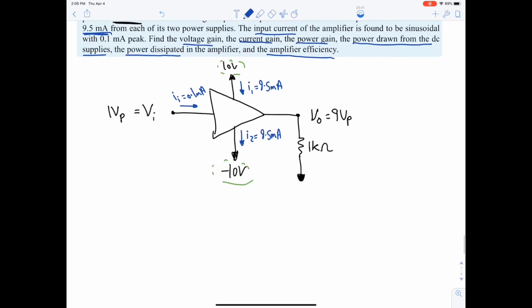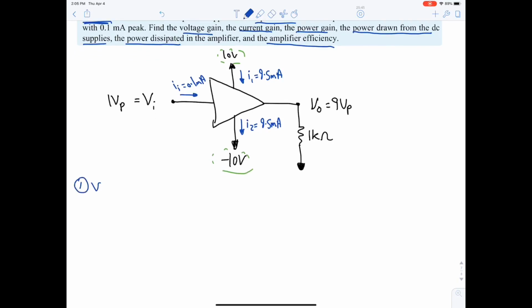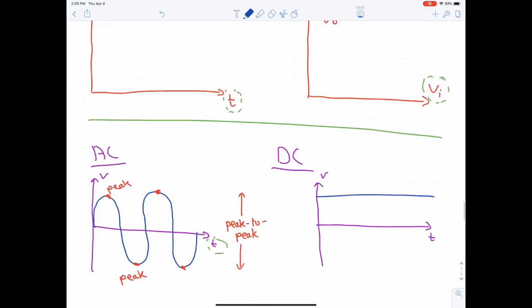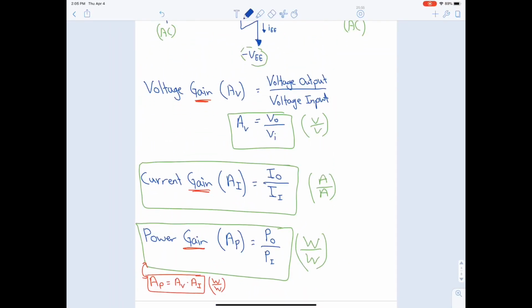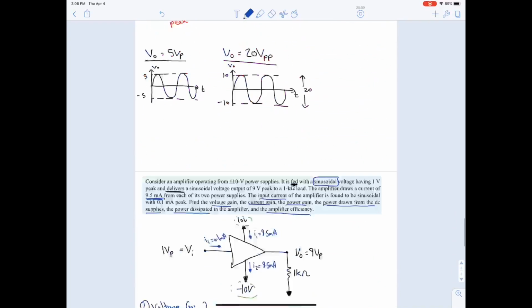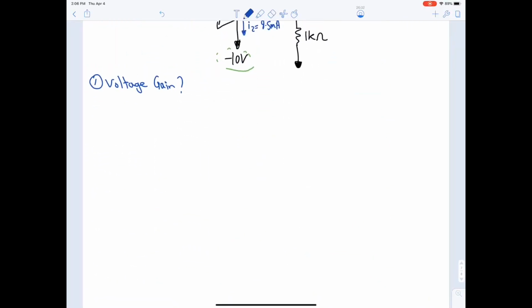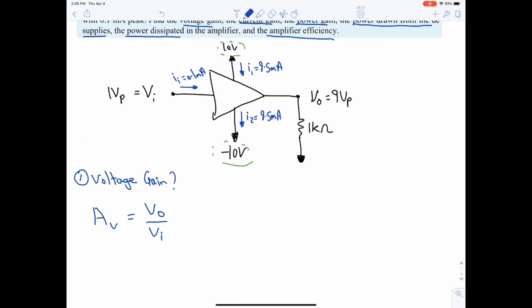Let's start with the first requirement, the voltage gain. As I explained before, the voltage gain is V output over V input, right? What is V output?